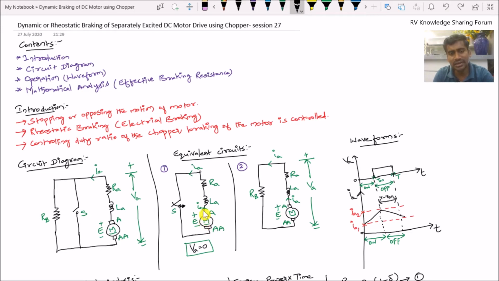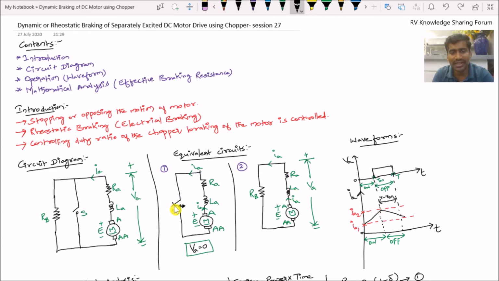That electrical output energy is stored in the form of magnetic field energy in the armature inductance. Therefore, the armature current through the armature terminals is increasing from the minimum level IA1 to the maximum level IA2. And when it reaches the maximum level IA2, the switch S will be opened.